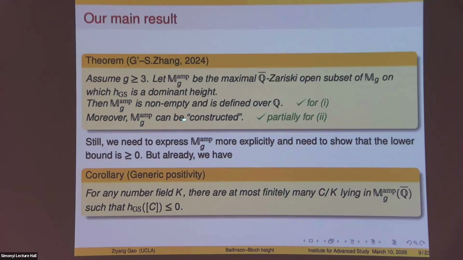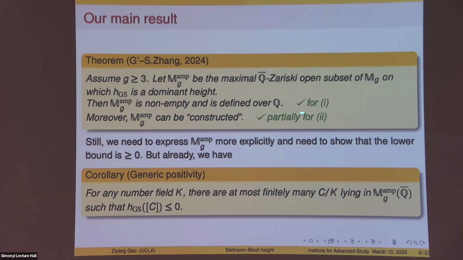And we also give a partial answer for part 2. It can be constructed, but it's not explicit, in the sense that unfortunately, given any curve, we're not able to tell whether it's in this locus or outside of it. But there is some construction, and you will see that it's really in this construction that we emphasize here.